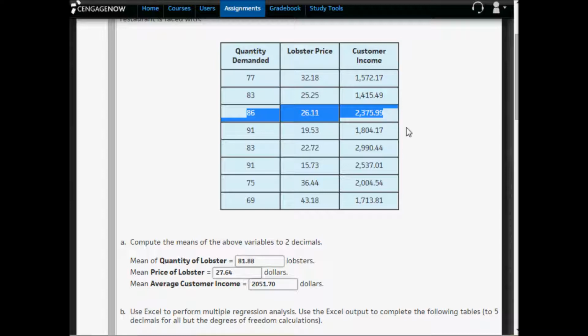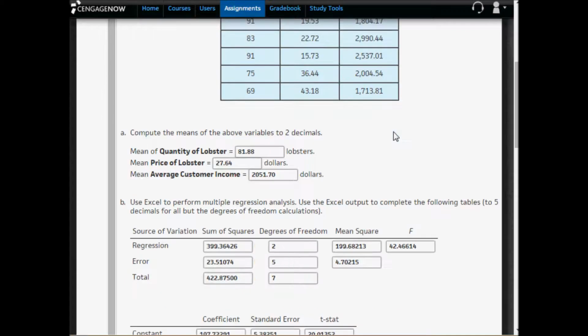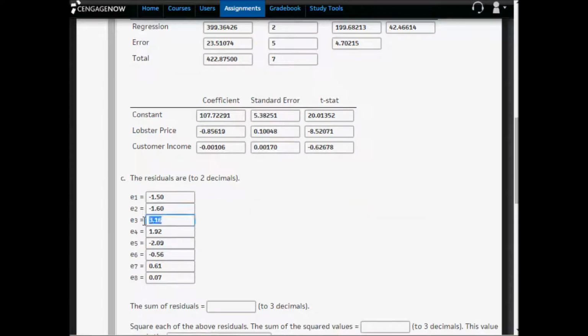So maybe we can include a dummy variable that would indicate whether the restaurant was located in New England along the ocean. And maybe that would reduce this error and that error.